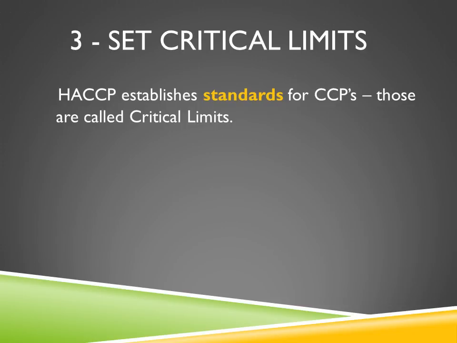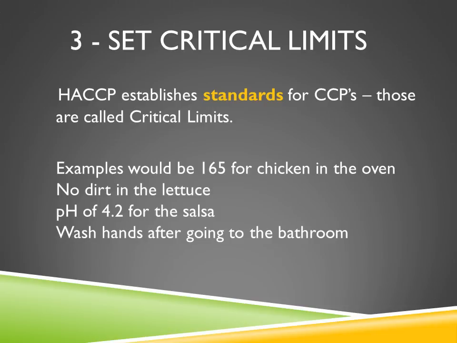That's your critical limit, in that case called speed limit. So what HACCP does is it establishes standards at the critical control points, and those are called critical limits. So for example, 165 for chicken in the oven. If we cook the chicken to 165, we've determined that the chicken won't have too many bacteria in there to make us sick.